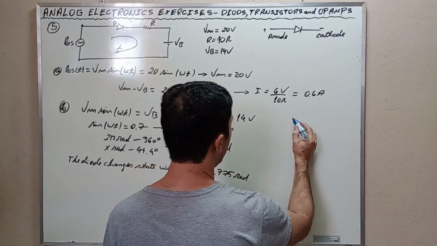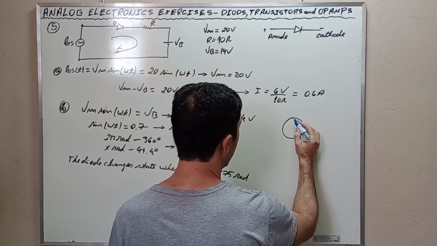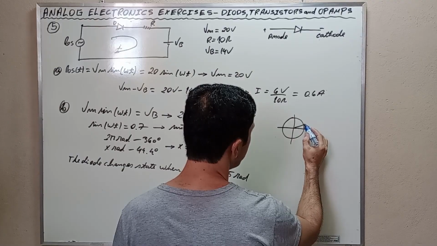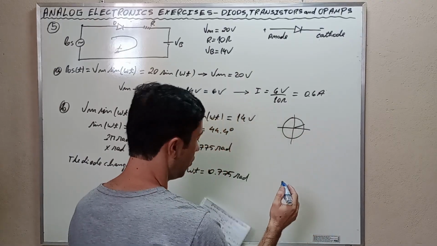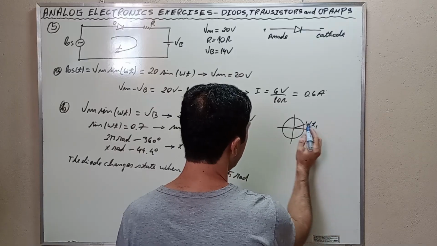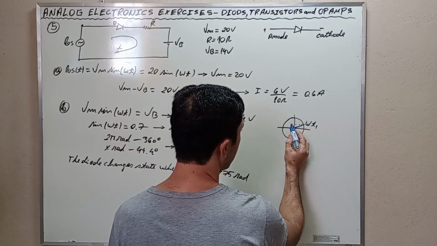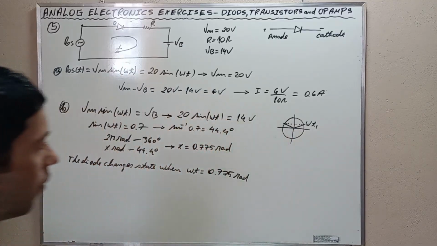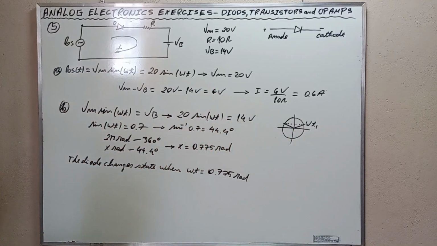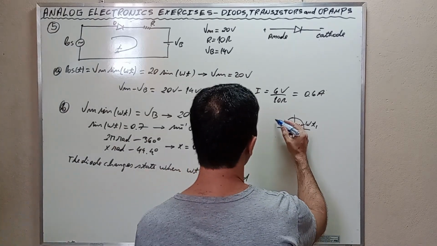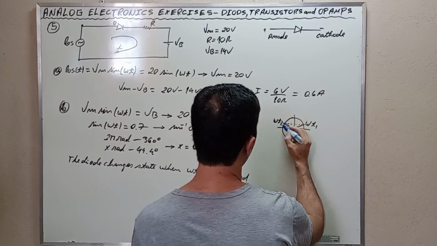This is the circle, and here the axis. Let's suppose that this angle here is Wt1, but we have another angle here with the same sine. All right, we have another angle with the same sine. We are calling it Wt2.